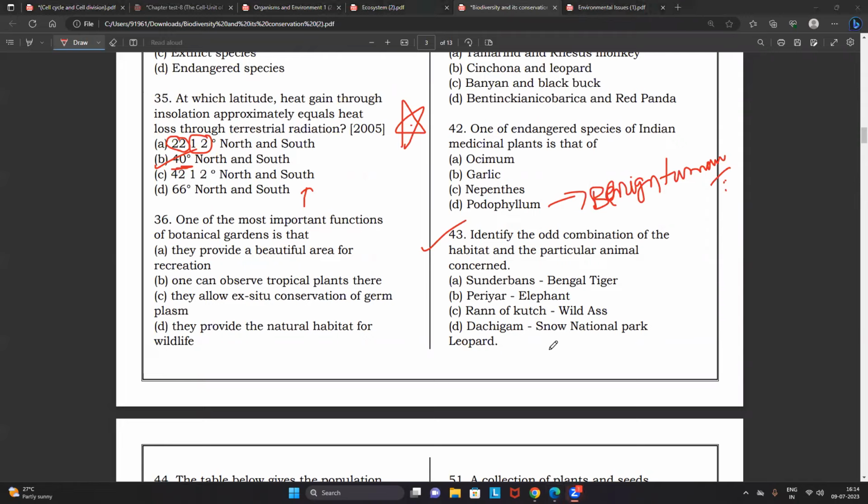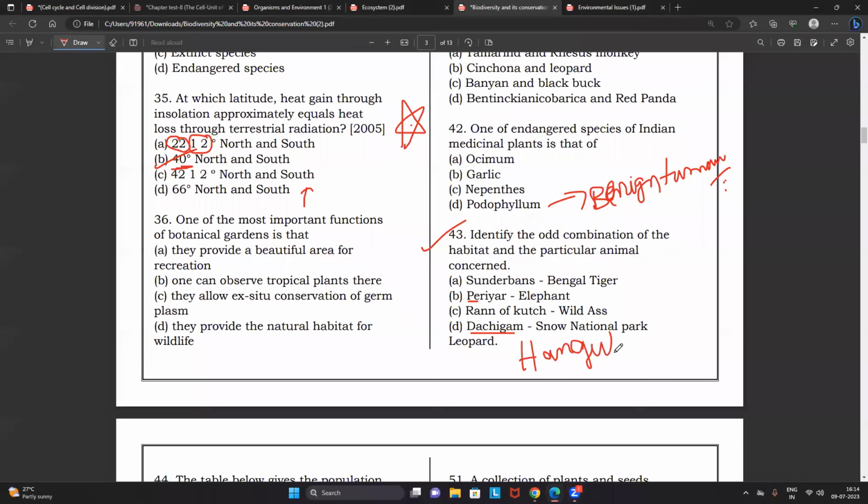Okay. Tell me everyone, Dachigam National Park is famous for what? What is the animal in the Dachigam Park? Periyar elephant is right. Okay, tell me. Identify the odd combination. Dachigam is famous for Hangul.